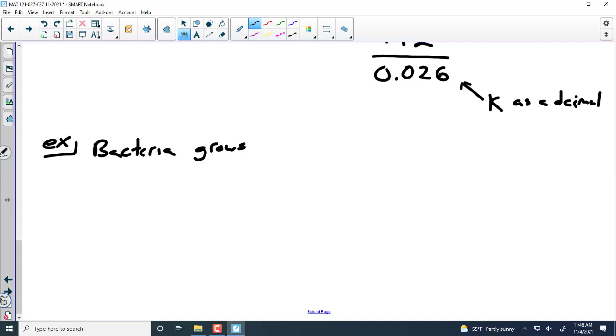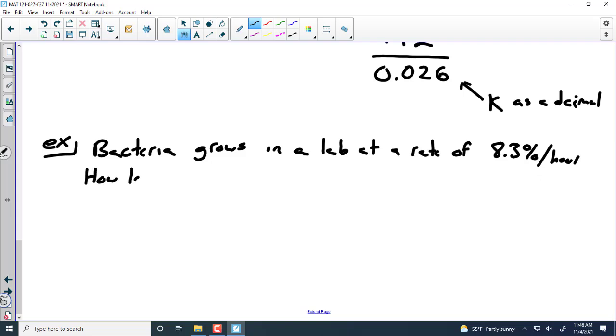Bacteria grows in a lab at a rate of 8.3% per hour. How long does it take for it to double? We do not need to go through a whole procedure.